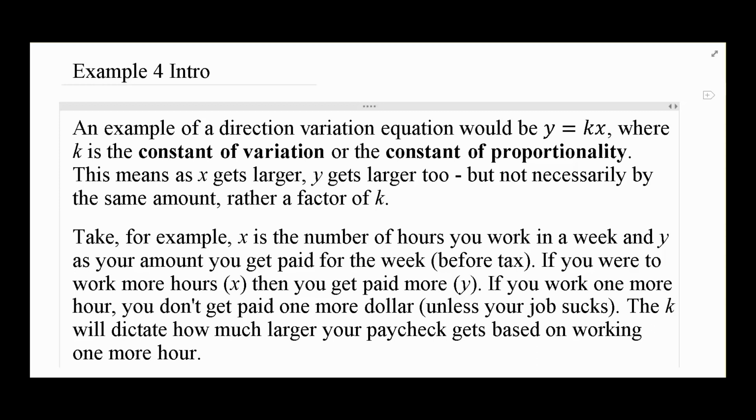So it's not necessarily going to be 1. It might be 10 or 12 or 15, so that every time the x gets 1 bigger, the y, your paycheck, gets $10 bigger. As you work 1 more hour, you get $10 more, or whatever your hourly rate happens to be. That's an example of what direct proportionality is.